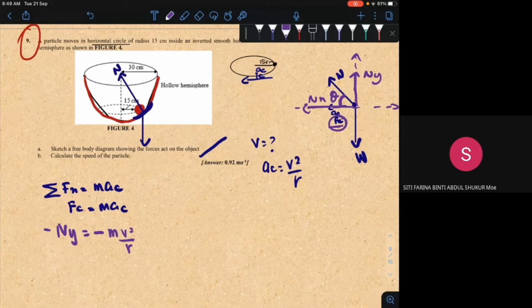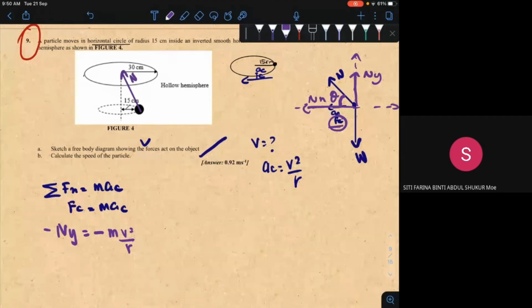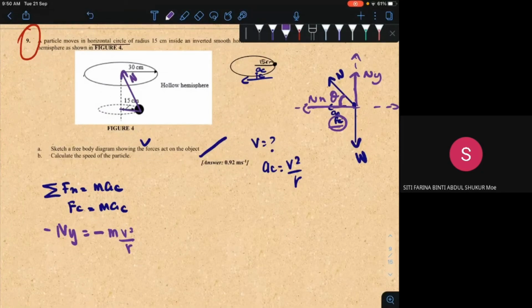Awak berbalik ke sini kembali. Awak pergi ke diagram sini balik. Dalam diagram ni kalau kamu tengok, your normal is literally here lah kan. Ini normal kamu. This is your normal here. Okay, so ini adalah 15 cm. This one here is 15 cm.